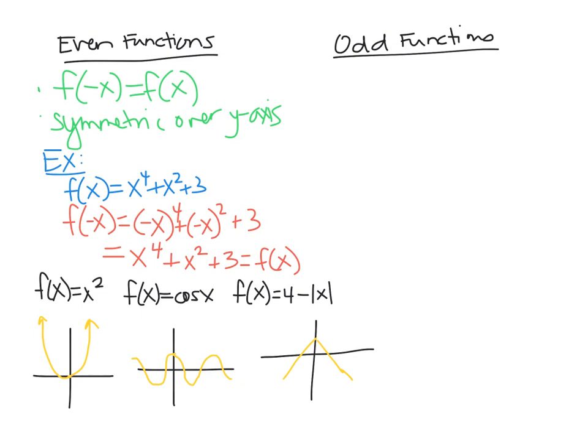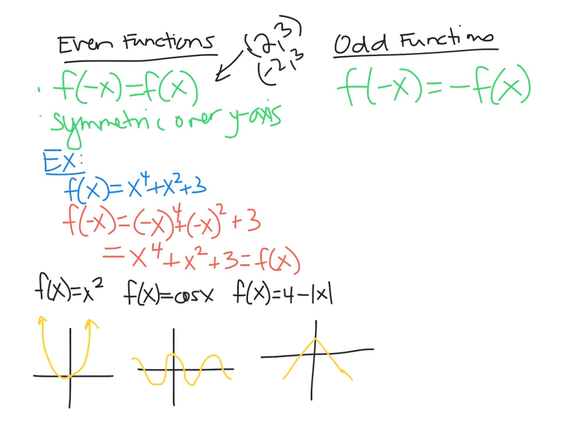So the next thing that we have are odd functions. With odd functions, what happens is if you substitute in the opposite of your x value, your y value is going to be the opposite. Actually, I didn't mention this for the first one, but just a little example, for an even function, if you have something like 2, 3 on your graph, then negative 2, 3 is also on your graph.